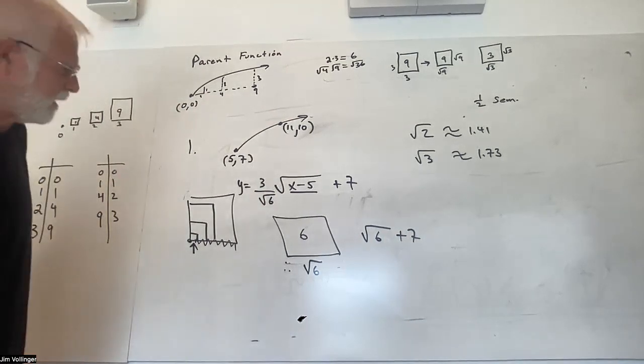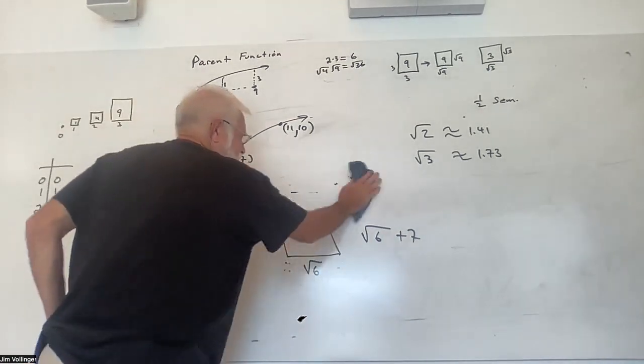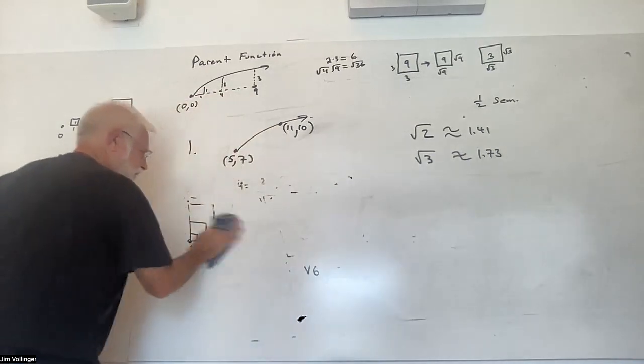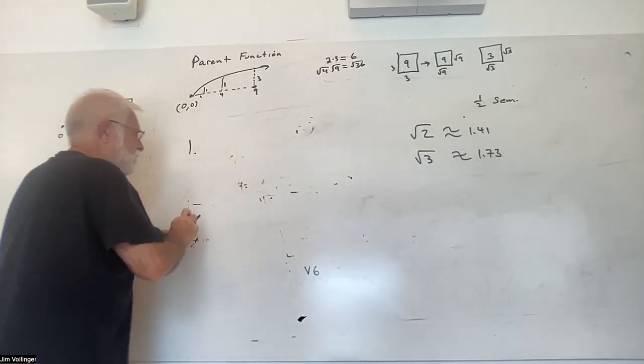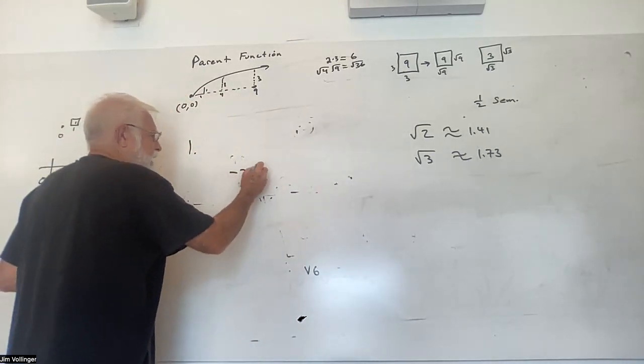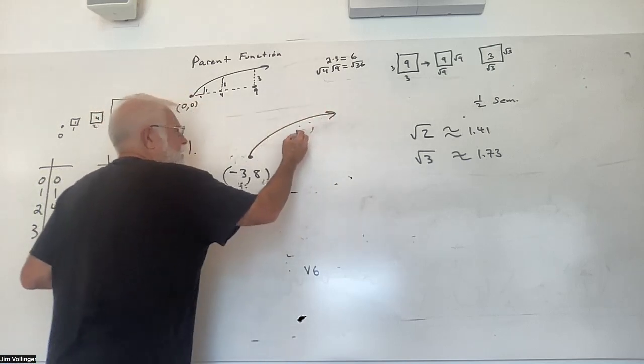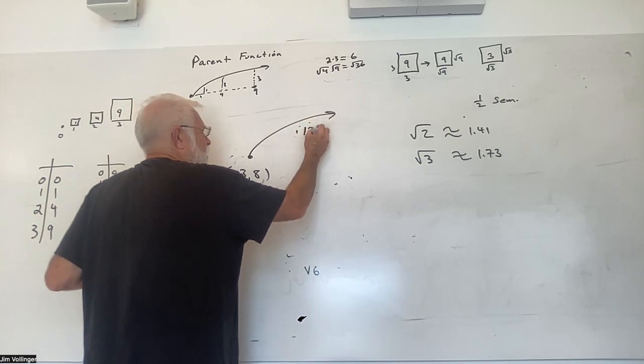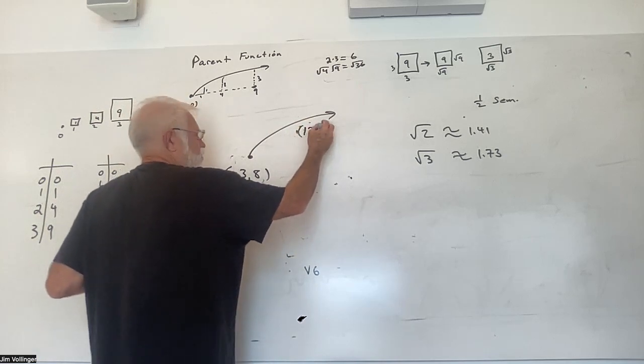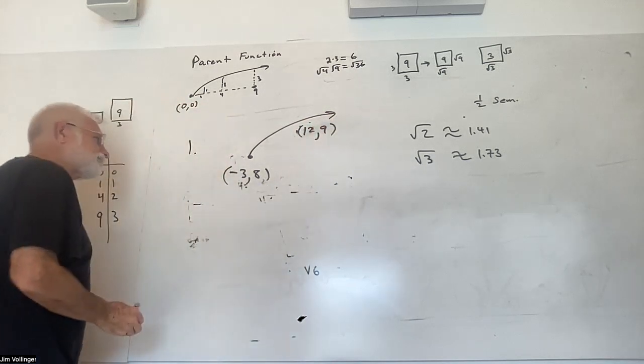I'll do one more because I didn't do that cleanly. So I'll just make some new numbers. How about negative 3 gets us 8, and let's go with 12 gets us 9. Make it nice and simple.